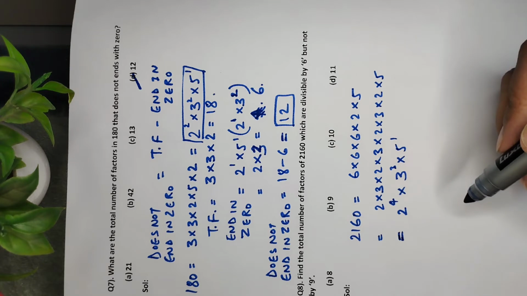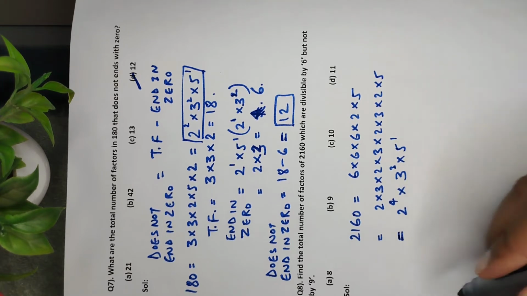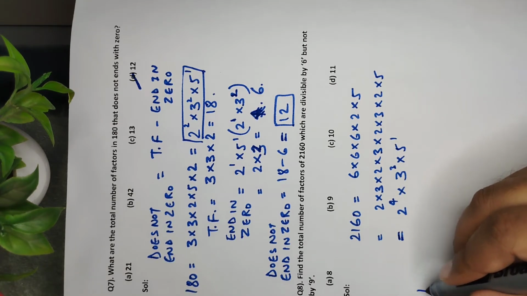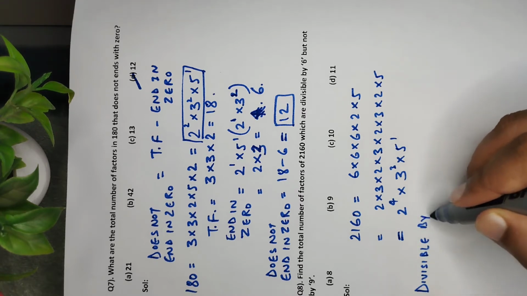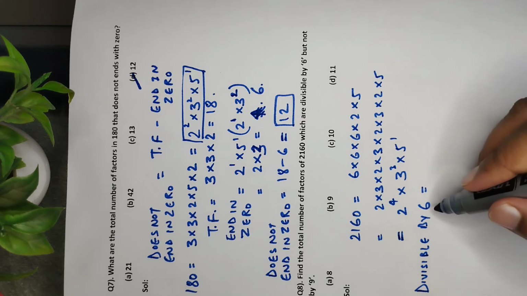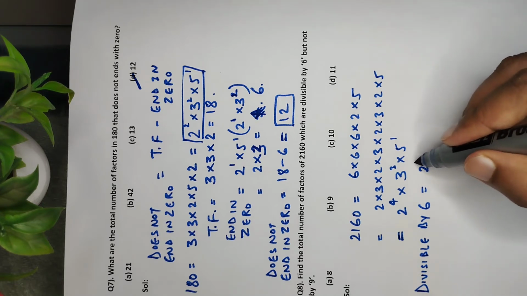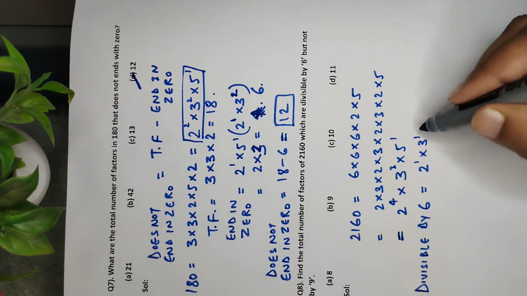Now if I have to find the factors which are divisible by 6, how do we do that? We know that 6 is made up of 2 and 3. So I will take out common 2 and 3.